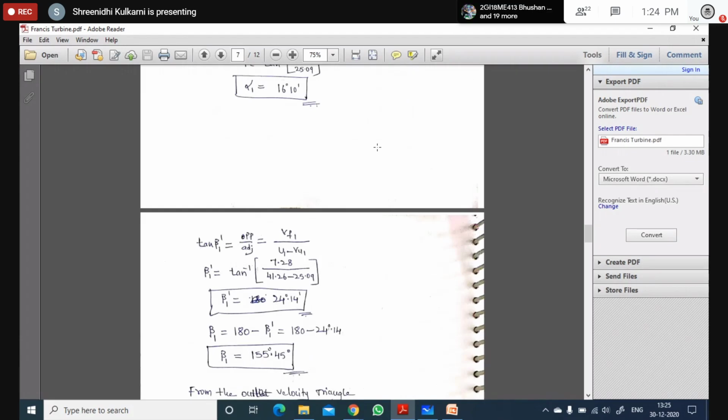Find beta 1 dash. So you'll get beta 1 dash as 24 degrees.